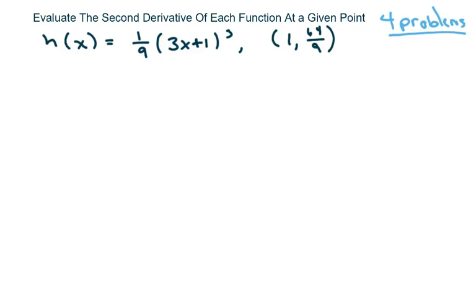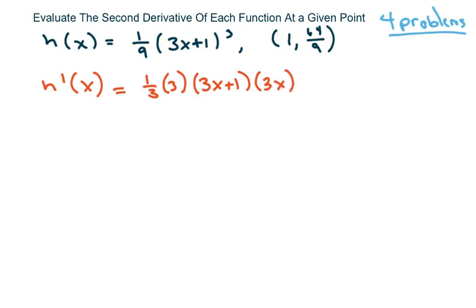And the first thing we can do is take the first derivative. We're using the chain rule. So 3 times 1/9 is going to be 1/3. I'll just write 3/9 times 3, and then you write down your inner function, and then times the derivative of your inner function, and this would be squared here.